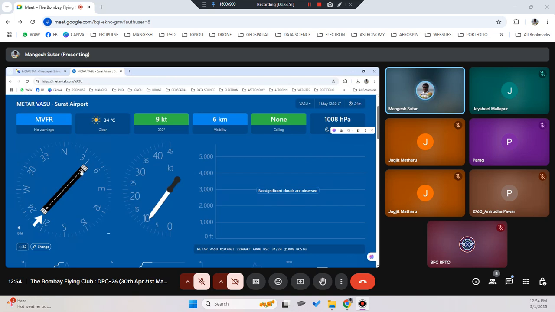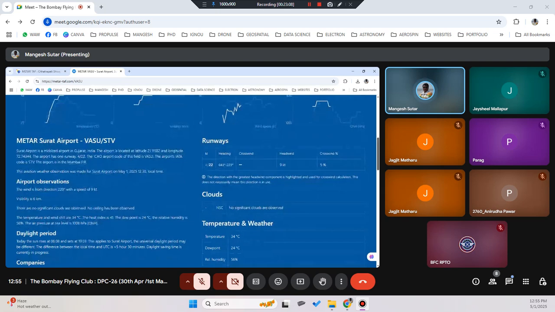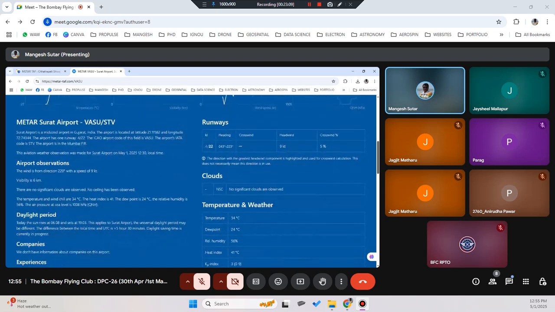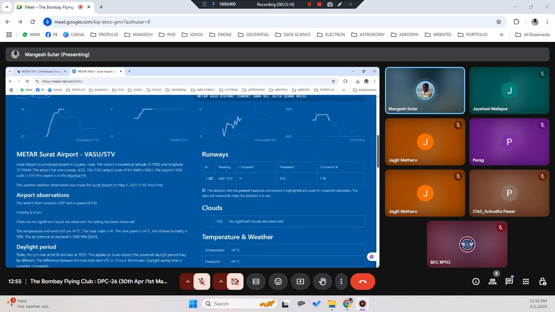You can see here 22 and 4 knots from here. Then there are certain graphs because they are constantly monitoring it. That's why they have given graphs also. If you want to deep dive and understand more, you can do it from there. So this is the METAR for Surat location.